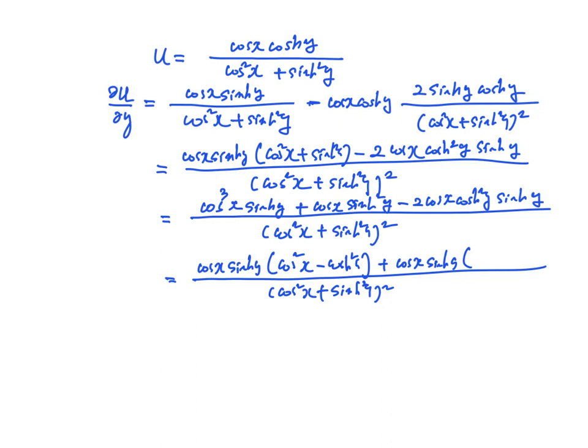You have this is square, cube, sine hyperbolic square y minus cosine hyperbolic square y. So it becomes minus 1.